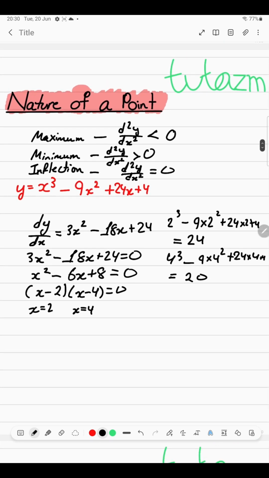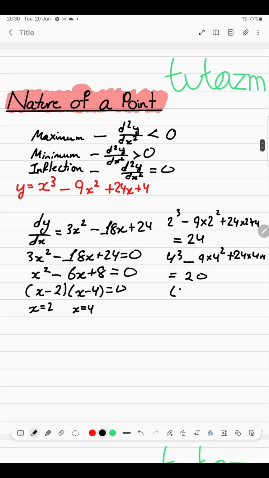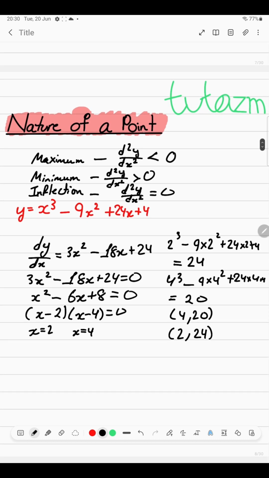So therefore our stationary points are (4, 20) and (2, 24). We can then work out the nature by calculating the second derivative.